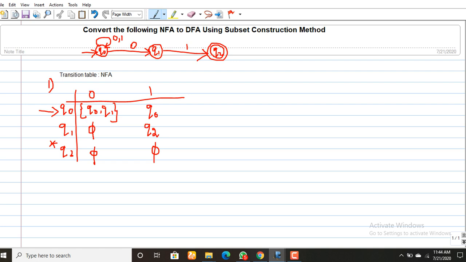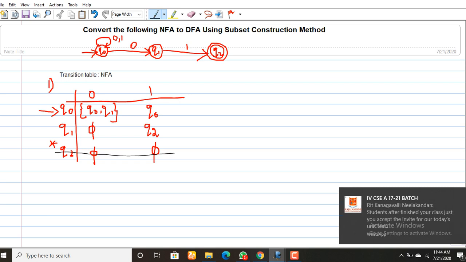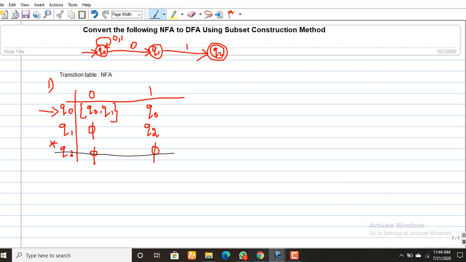So I just eliminate this line, as there is no need to proceed on it. Next, let us see the Q1 line. For Q1 on receiving 0, there is no transition, so phi. On receiving 1, it goes to Q2, but I eliminate Q2 here, that is why I eliminate this line too. So this is the only state possible in the transition table of the NFA.